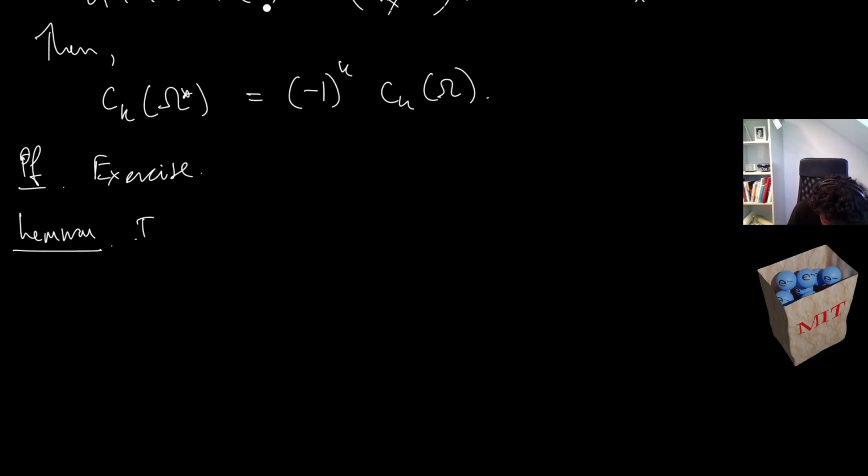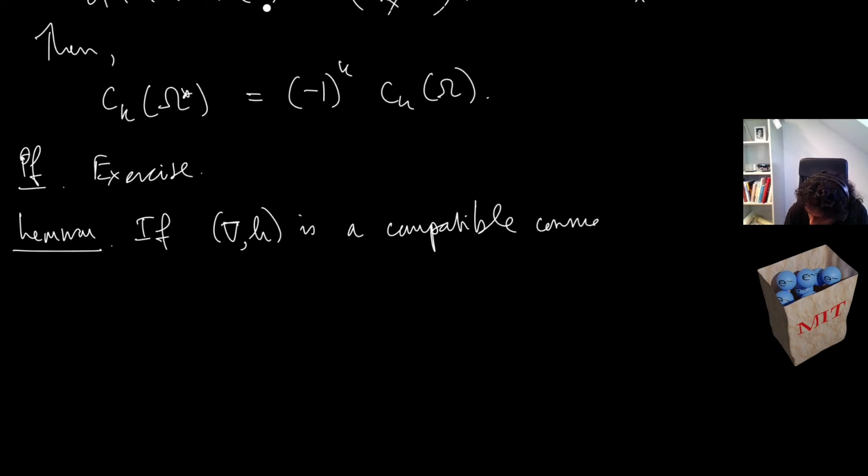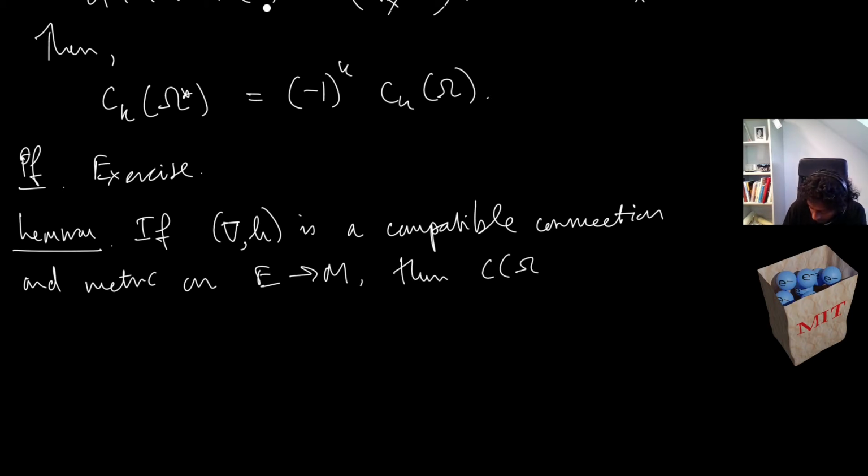So if nabla and h is a compatible connection and metric on E, then C of omega is real valued.